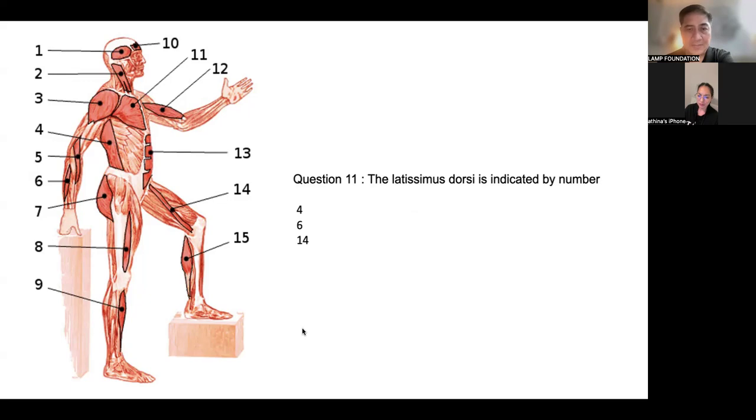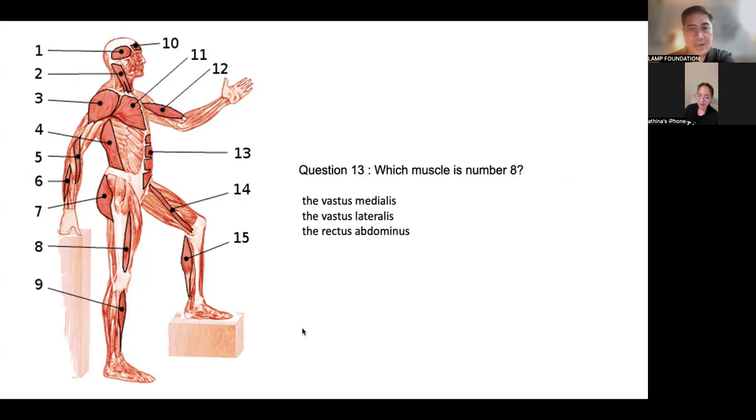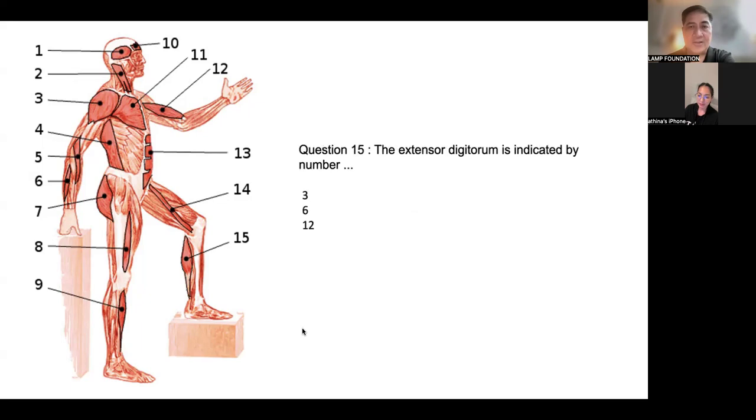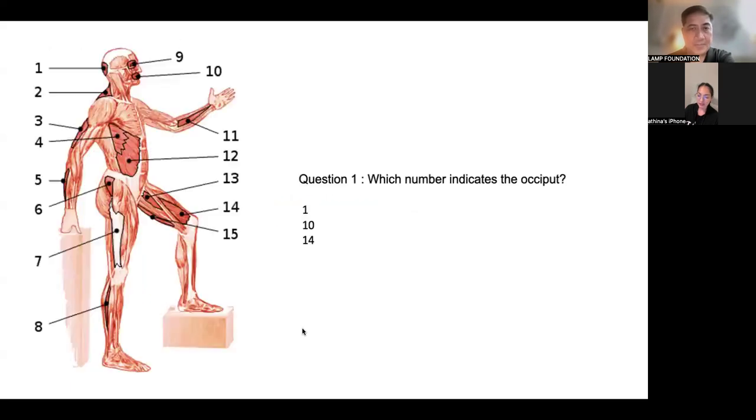Latissimus dorsi, it's number 4. Sartorius, it's number 14. Number 8. Number 8 is the vastus lateralis. Number 5. Number 5 is brachioradialis. Extensor digitorum, number 6.